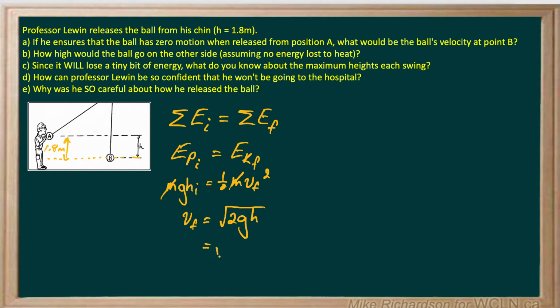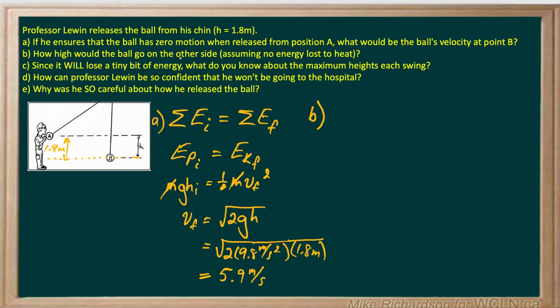So I get the square root of 2 times 9.8 meters per second squared times 1.8 meters, which gives me 5.9 meters per second at the bottom of the swing. Now that's all question A. The rest of these questions are conceptual, so let's have a look.